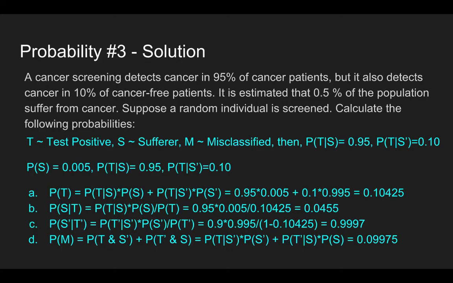So what you need in this question is to add the two joints together. However you get those joints is fine. You can get those by multiplying t given s times p of s, and t given s not times s not's probability, or you can mix and match, or you could also use p of s not given t not times p of t not.